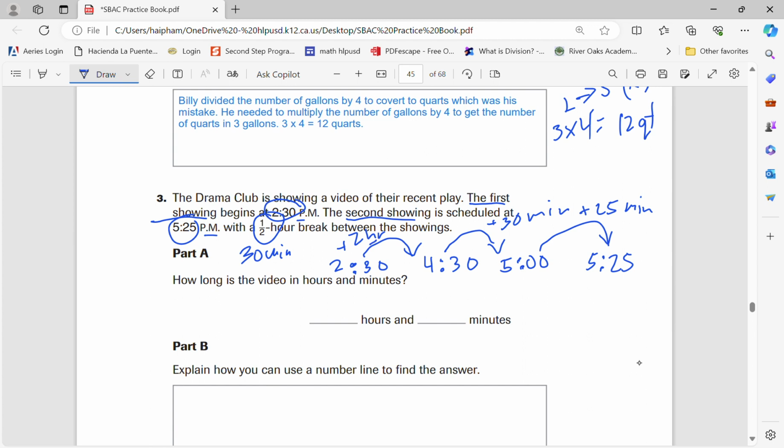So let's take 2 hours plus 30 minutes, that's 2.5 hours. Plus 25. 30 plus 25 would give me 55. So in total, from the first showing to the second showing, exactly 2 hours and 55 minutes passed. But we're not done yet. We still have that 30-minute break.